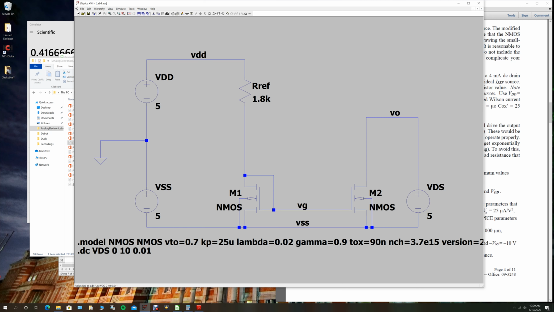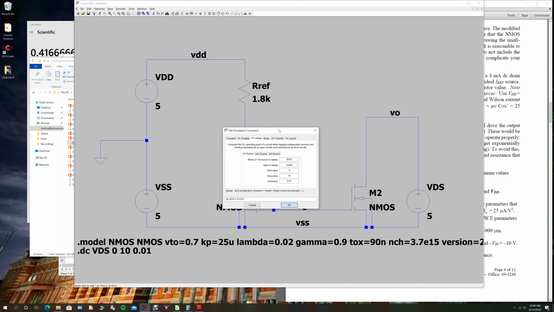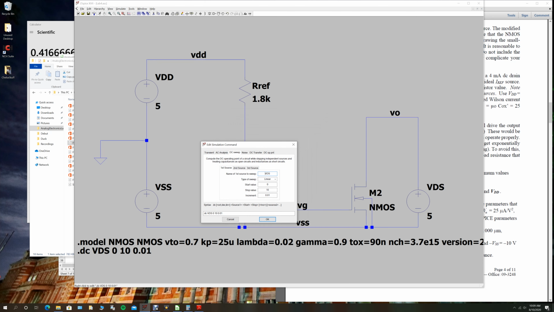So for my simulation setup, I'm doing a DC simulation, DC sweep, sweeping this voltage source here. And it's a linear sweep, 0 to 10 volts, and 10 millivolt increments.